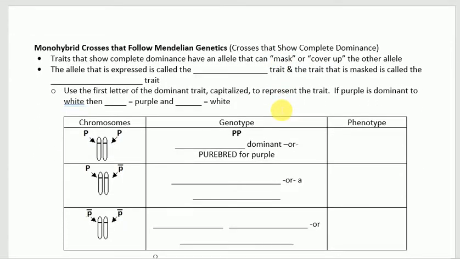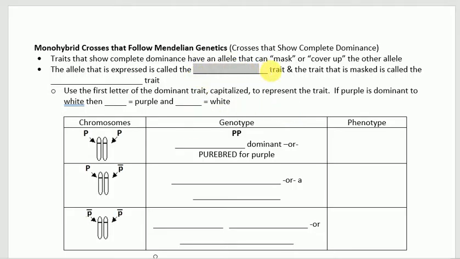So let's talk about the crosses that follow Mendel's ideas. A monohybrid cross shows complete dominance. These are traits that have an allele that can mask or cover up the other allele.